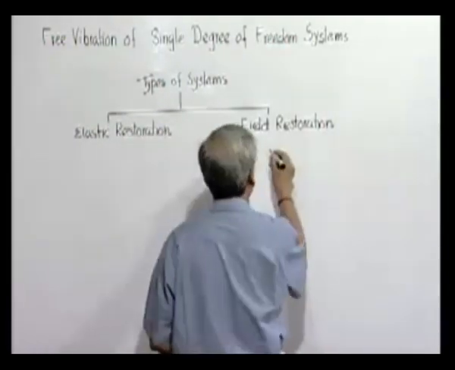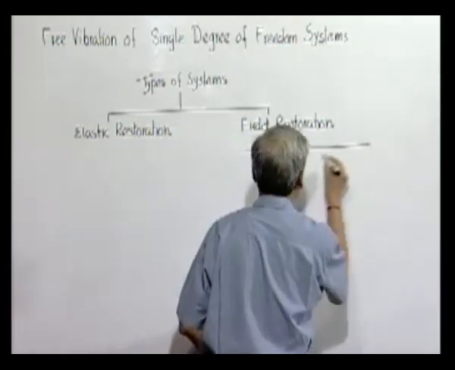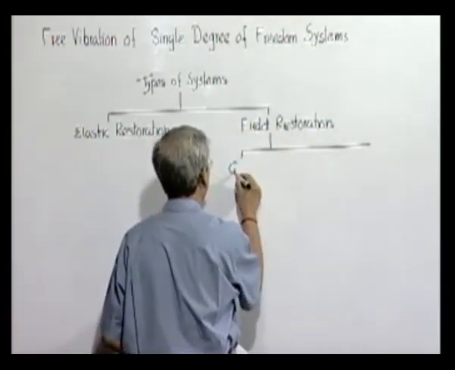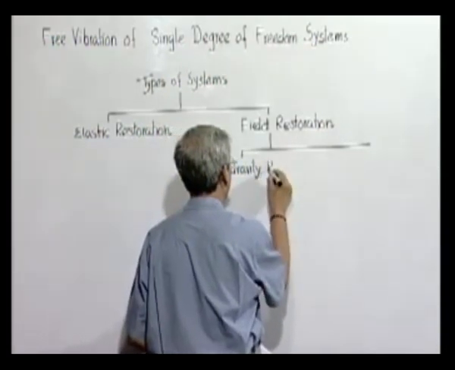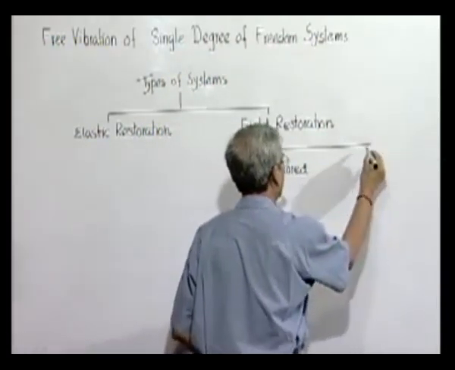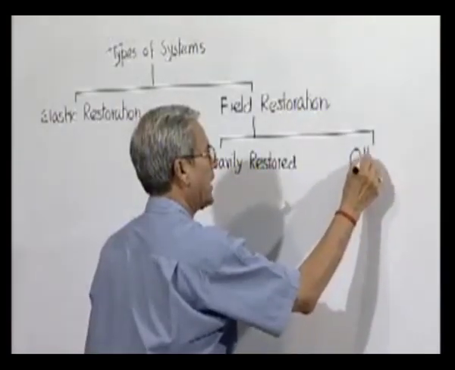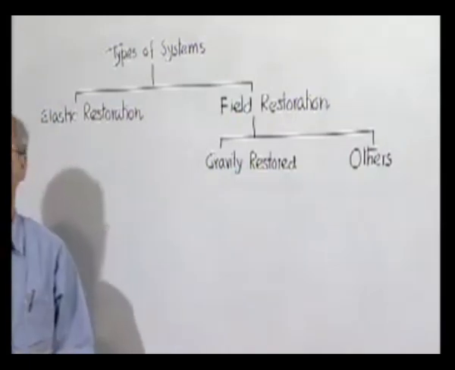And the most common type of field we encounter every day is gravity. Others are electromagnetic fields, electrostatic fields, magnetic fields, which we need not go into details.